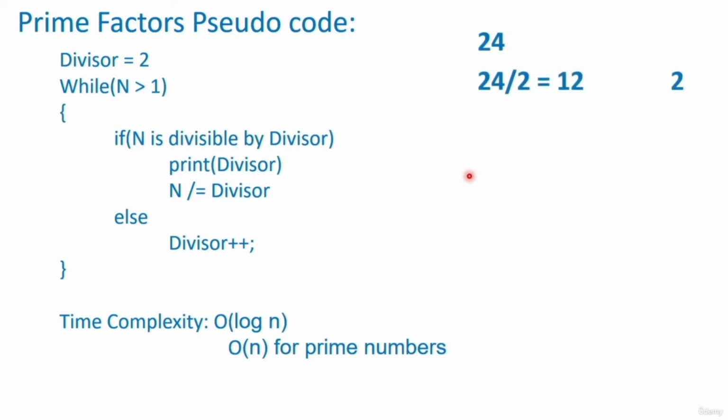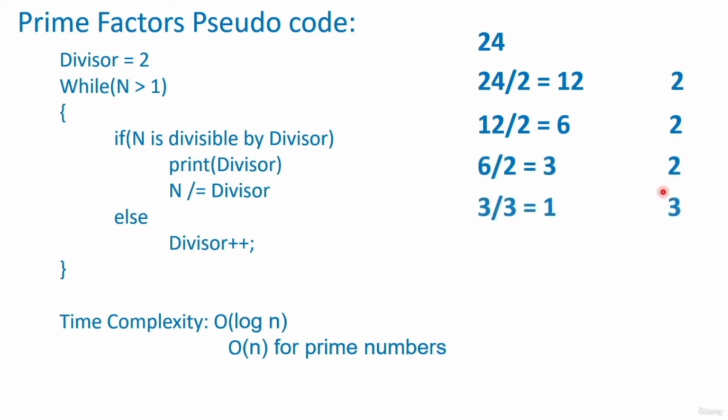We have 24, then we divide it by 2, we get 12, and we are going to print 2. And again for the 12, if we divide it by 2, it is divisible, then we get 6 and we are going to print 2. Again for 6, we are printing 2. And 3 is not divisible by 2.